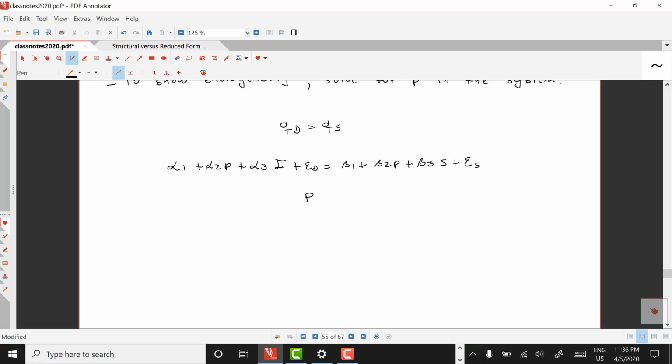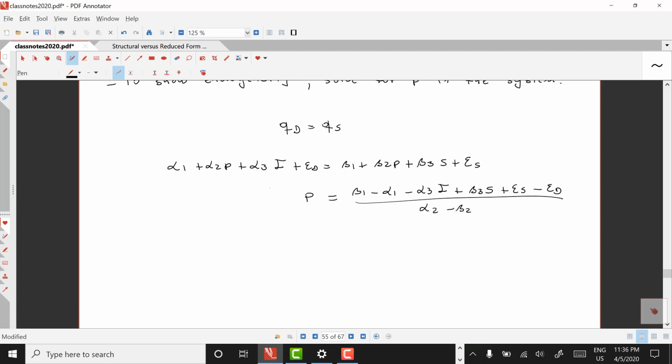So if we solve for P here, it can be shown that it's going to be equal to beta 1 minus alpha 1 minus alpha 3 income plus beta 3 S plus the error in the supply equation minus the error in the demand equation, divided by alpha 2 minus beta 2.